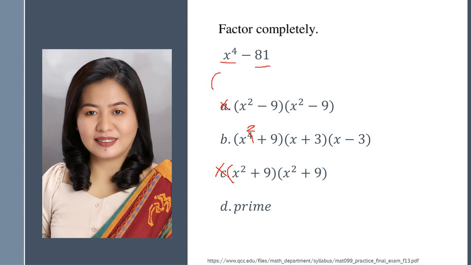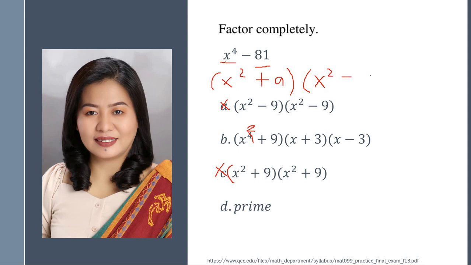So our answer will be, let's factor first here, x squared minus 9. Let's make it x squared plus 9, and x squared minus 9.